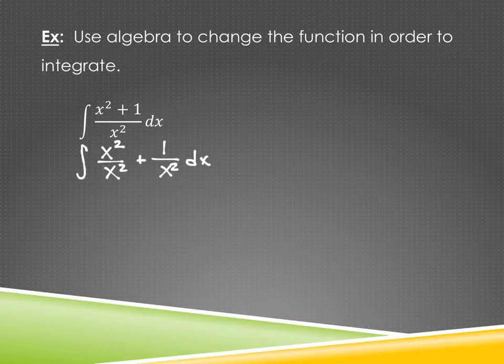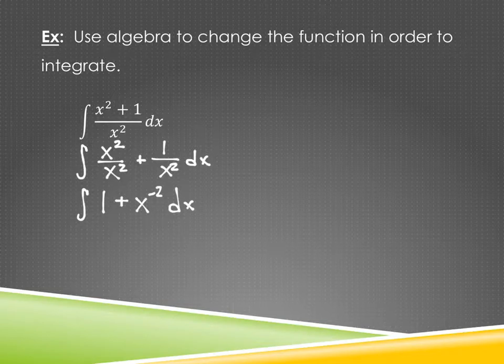So if I take a look at this from this perspective, what is x squared divided by x squared? It's 1. So I have yet to do any calculus. Everything I'm doing right now is algebra simplification. How else could I write 1 over x squared to be easier to work with for the calculus that we're about to do? x to the negative 2.